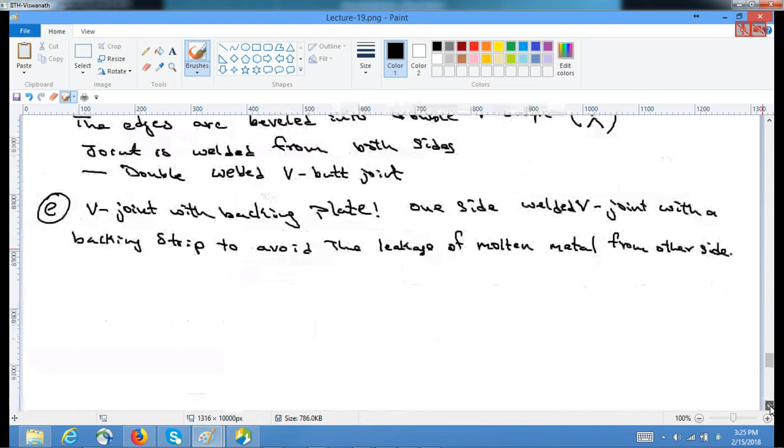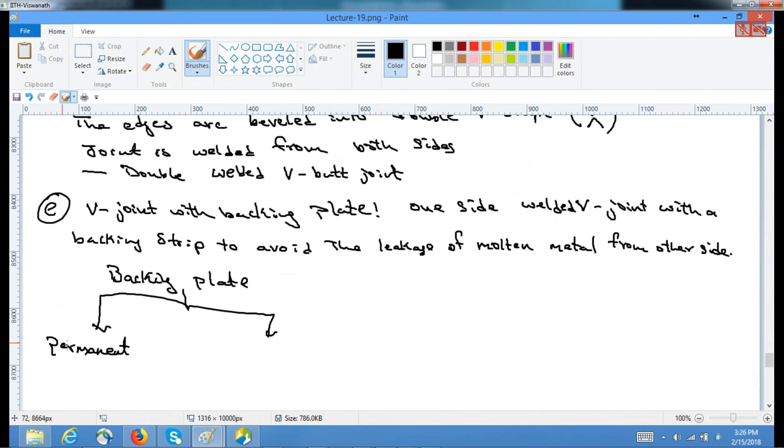And this backing plate is of two types. One is a permanent steel backing plate or removable copper backing. These are the types of butt joint we generally have.